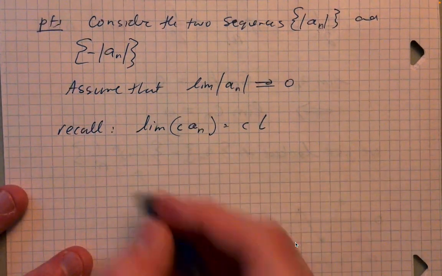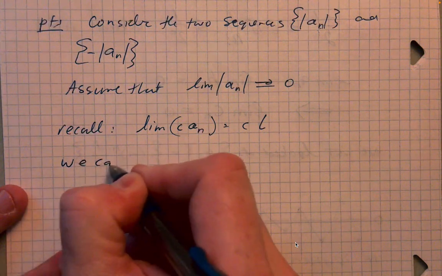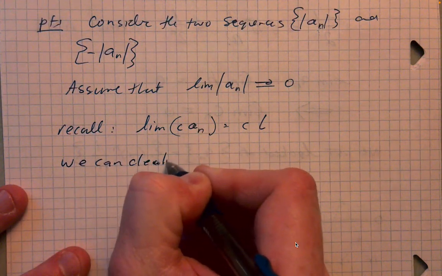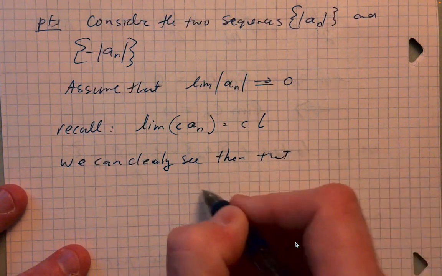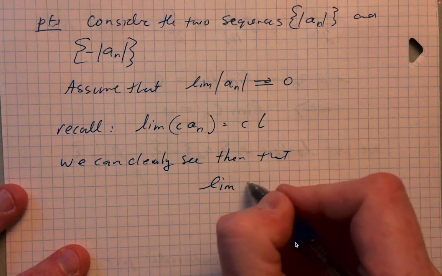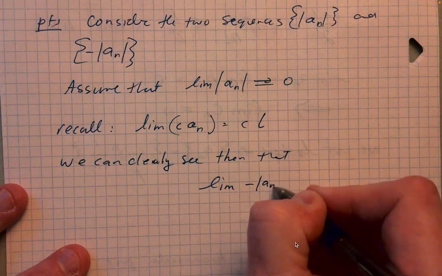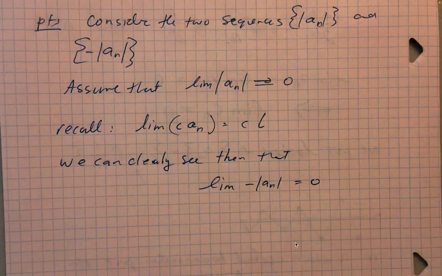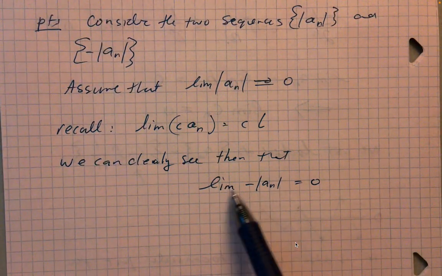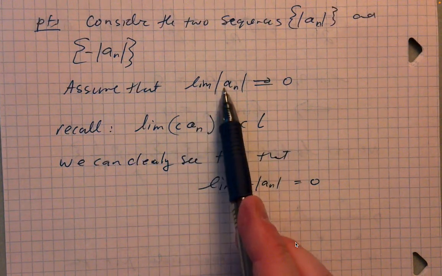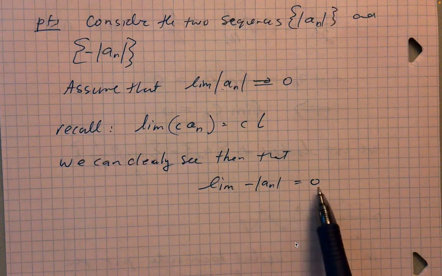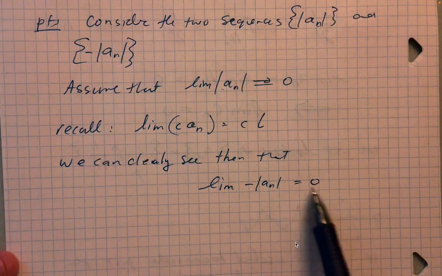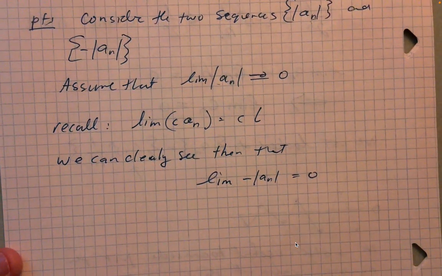Given that, we can clearly see that the limit of negative absolute value of a of n will be 0 as well. The limit of the absolute value of a of n was 0, so this limit should be negative 1 times 0, which is 0. All right, that's good.